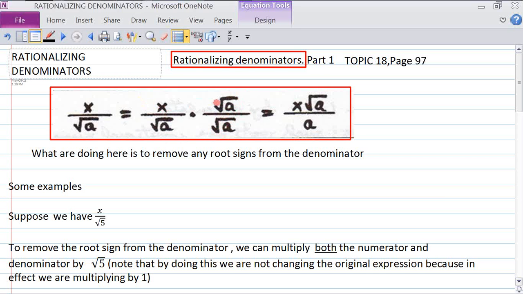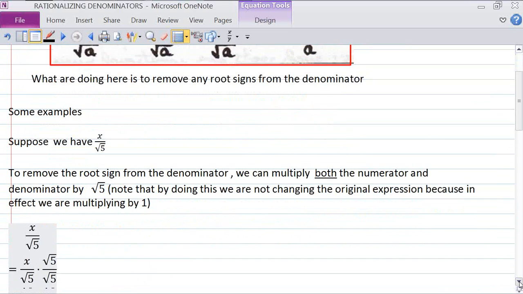So we look at the denominator, we get x root a, and root a times root a is the root of a squared, and the root of a squared is a. So now we no longer have the root sign on the denominator. It's been transferred to the numerator.